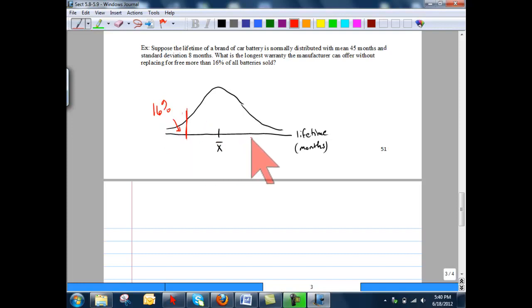And now let's play the same kind of game that we did before. If there's a lowest 16%, then there's a highest 16%. And 16 plus 16 is 32, and 100 minus 32 is 68. So here in the middle is 68% of the battery lives.